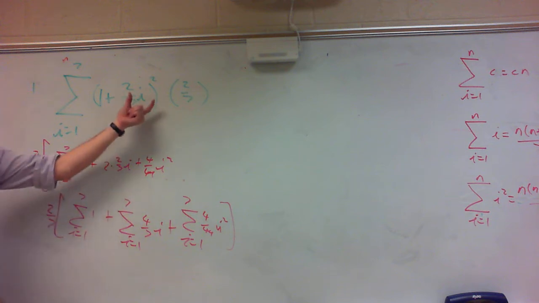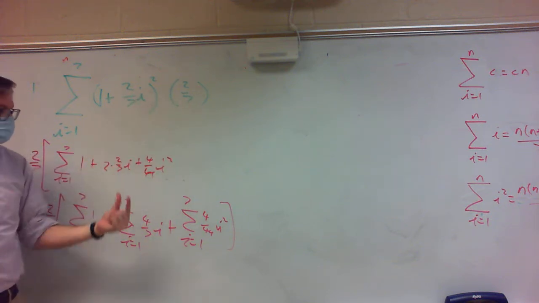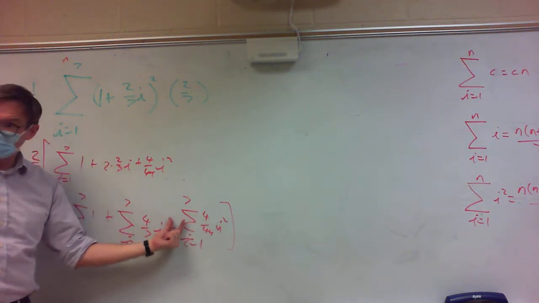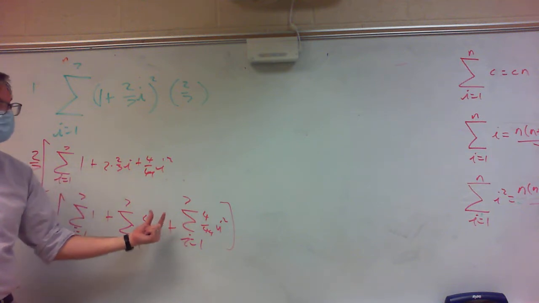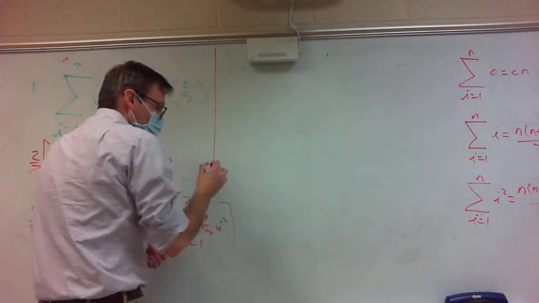Just like I remember with summations, a number that's multiplied, you can put in front. So I'm going to take that 4 over 7 and put it in front, and take that 4 over 49 and put it in front.